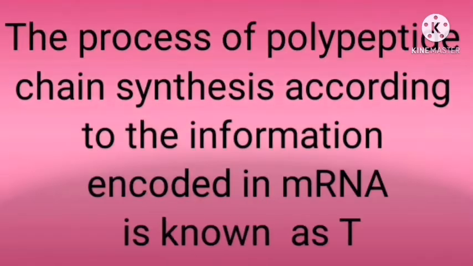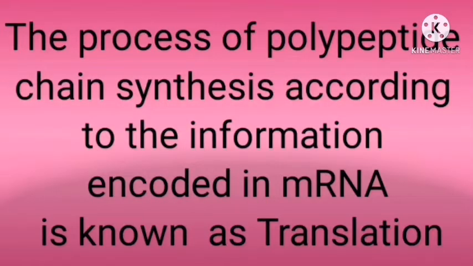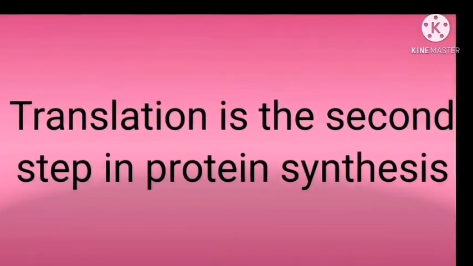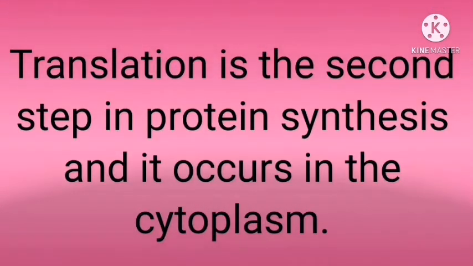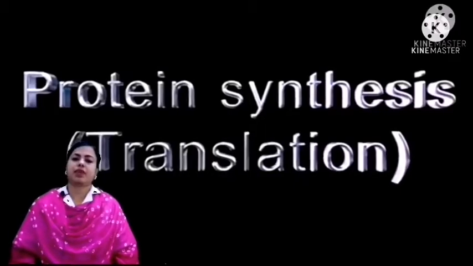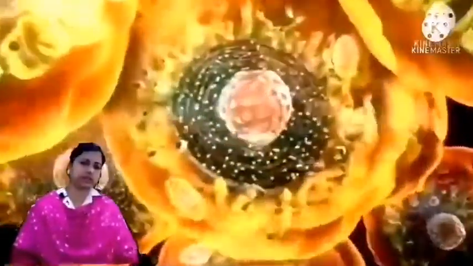The process of polypeptide chain synthesis according to the information encoded in mRNA is known as translation. Translation is the second step in protein synthesis and it occurs in the cytoplasm. Inside the body, the process of translation occurs within every single cell.